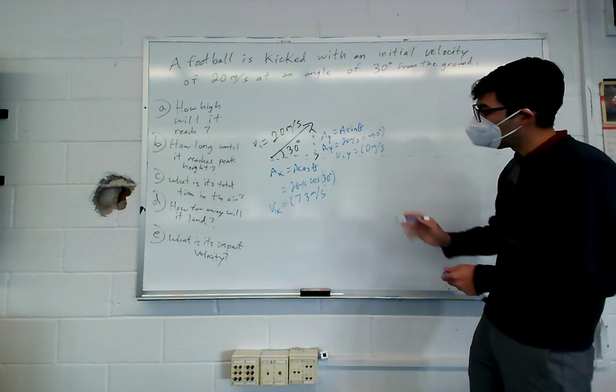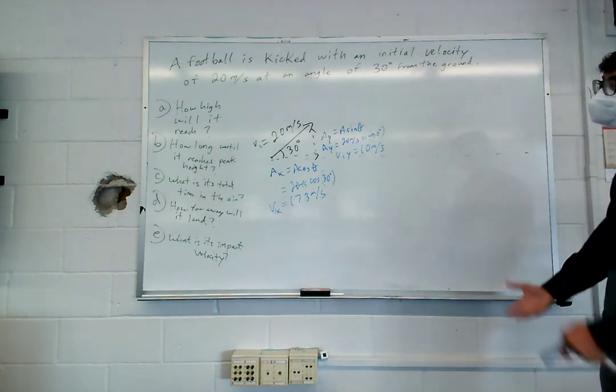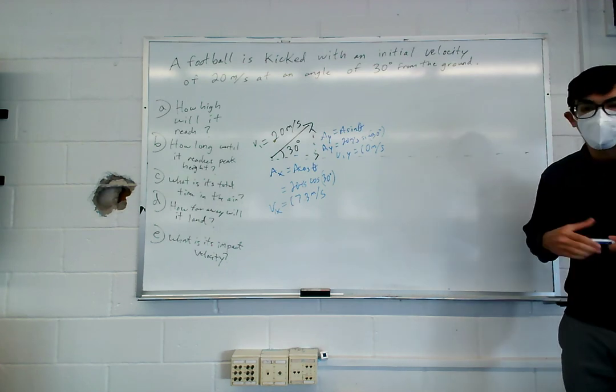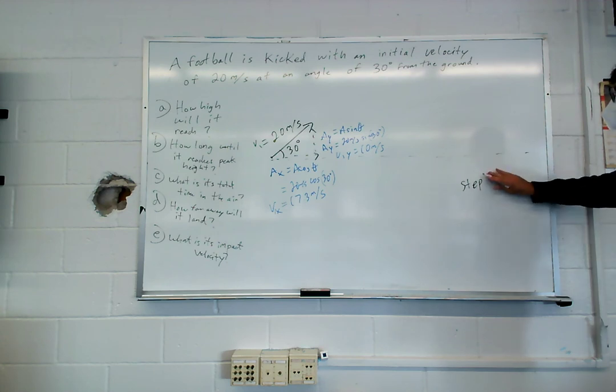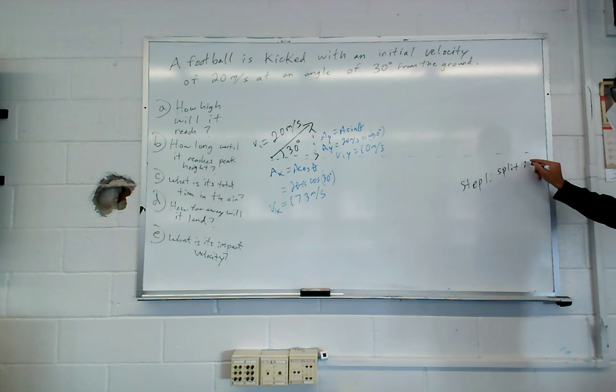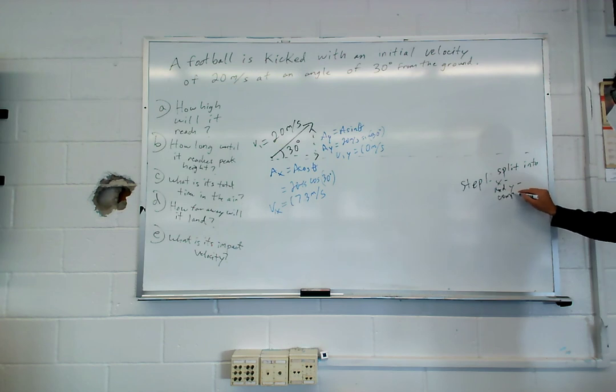So we have our x and y components here. It's important to split things into x and y components. That's always your first step. Step one, you're always going to split it into x and y components using sine and cosine.